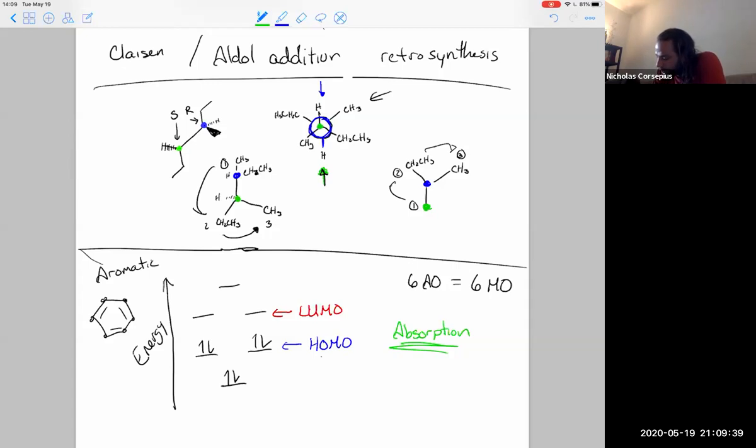So oftentimes how you will see this is something like this, where this electron is going to be moved up there because of h nu, which, remember, when we see h nu, we think light, right? So this is sort of an illustration of absorption.